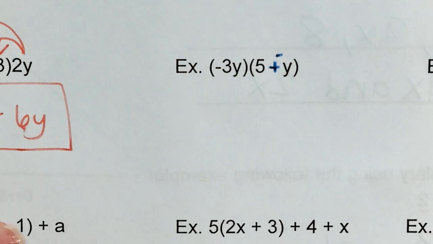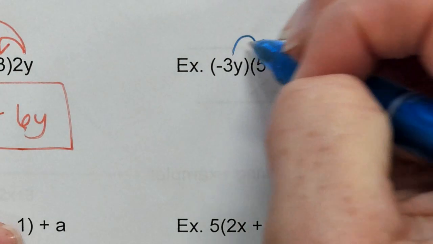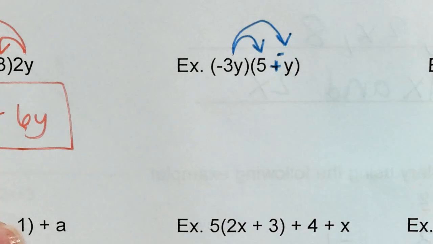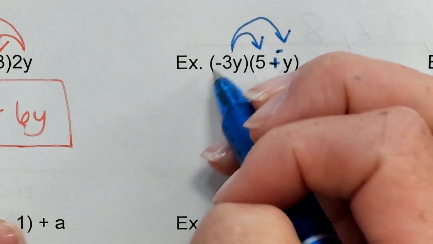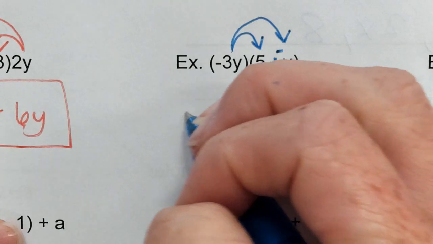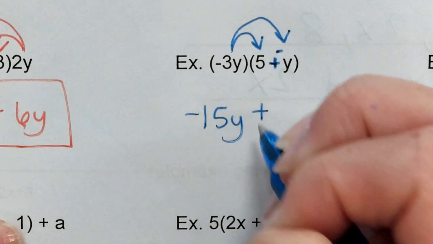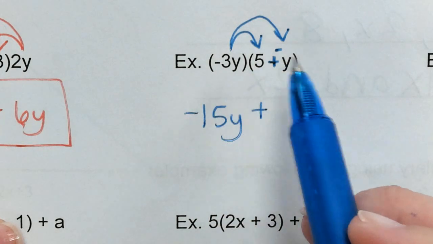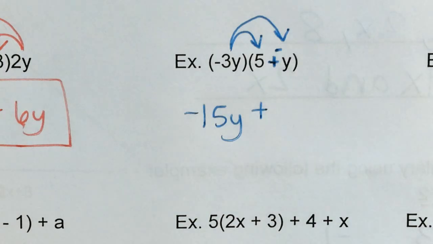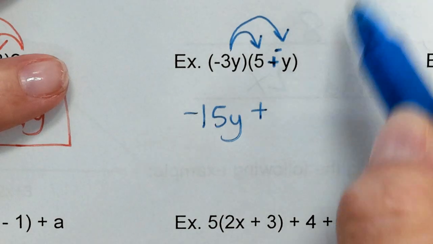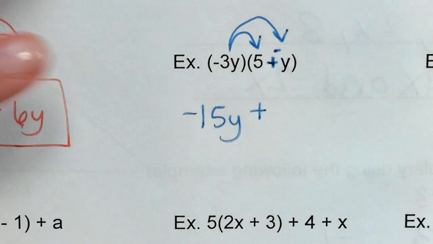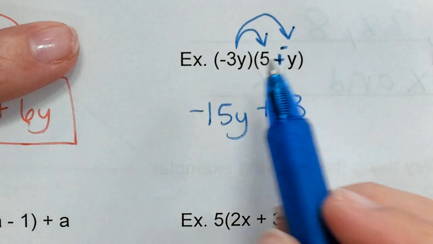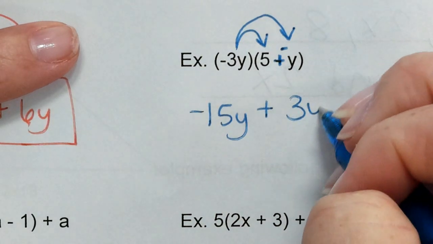No. I'm going to distribute the negative 3y to the 5 and the negative 3y to the negative y. Negative 3y times 5 is negative 15y plus negative 3y times negative y. Stop. What's a negative times a negative? So 3 times, what coefficient does this have? 1. What's 3 times 1? 3. And what's y times y? Y squared. Done.